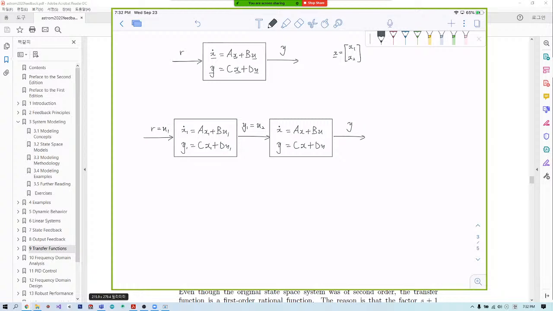So R was our first input, and Y1, which is the result of the computation of the first plant, is the second input for the second state space form. We're going to have X2 and U2 here, and we have Y2 as our final output.